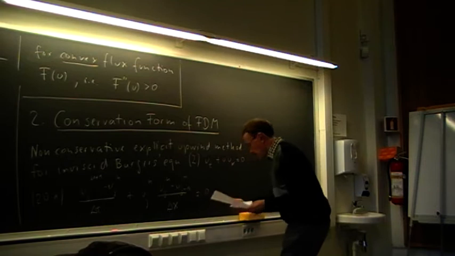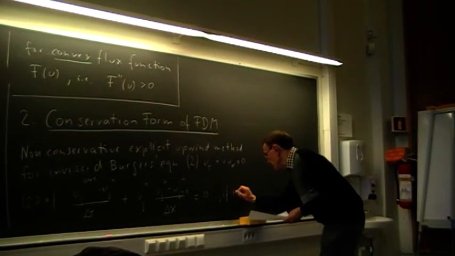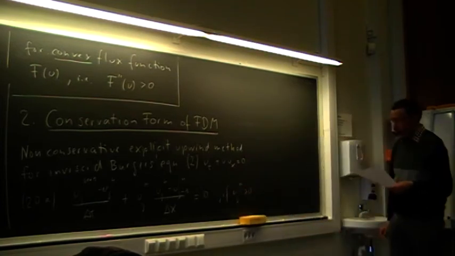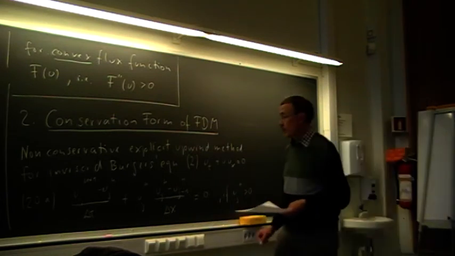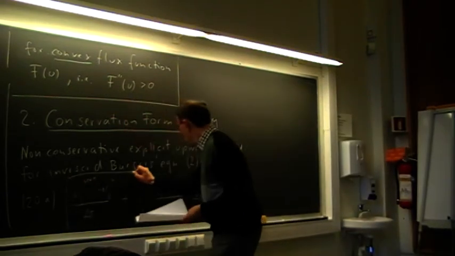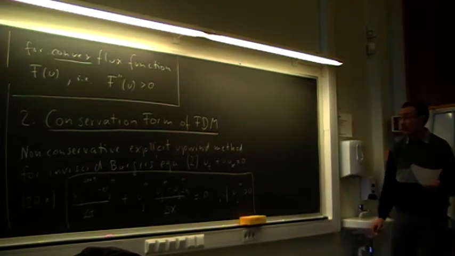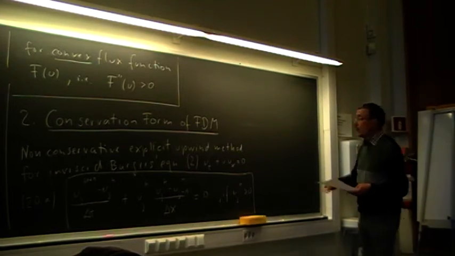That would be the upwind form: u_j^n minus u_{j-1}^n, a backward difference, divided by delta x, and that is equal to 0. That is the case if u_j^n is positive. So then we have a clear discretization, and that was what Bernhard used for some of his demos on Tuesday.